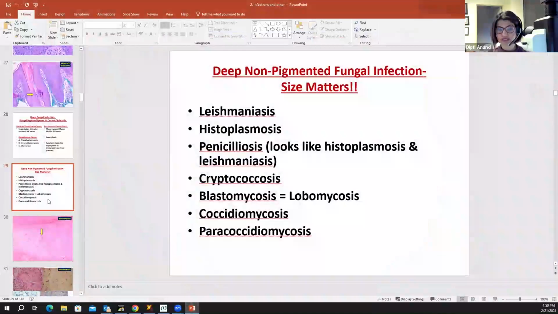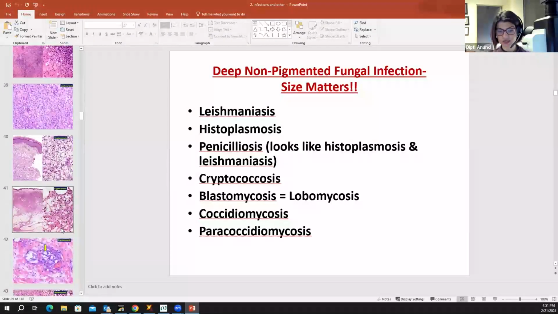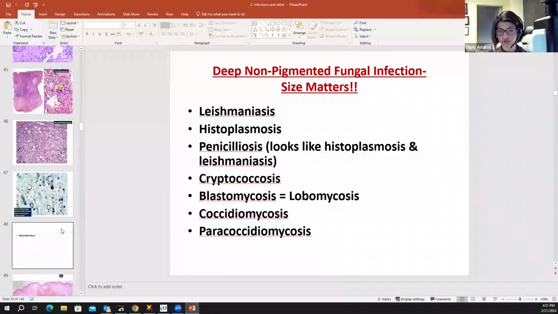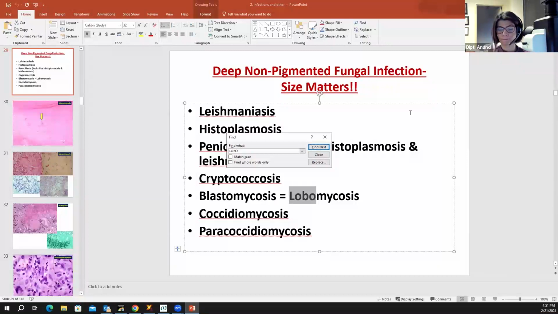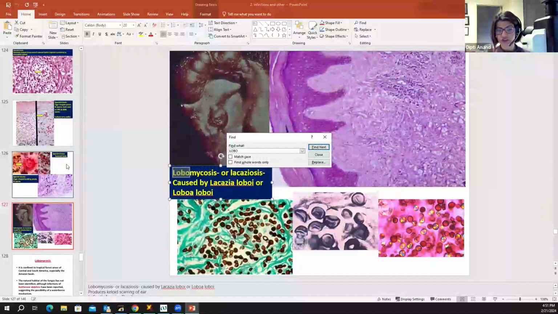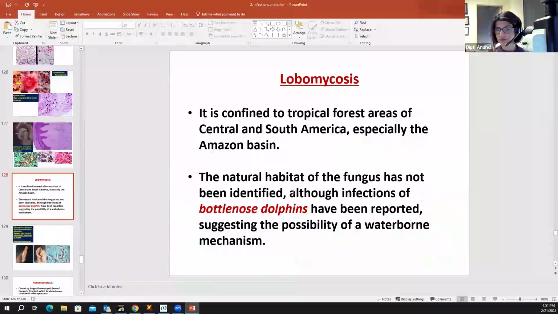Lobomycosis is going to be very similar to blasto. The difference is that lobomycosis likes to form long chain spherules and tubules. So let's see an example of lobo. Okay, so everybody knows about the infection with the bottlenose dolphin.